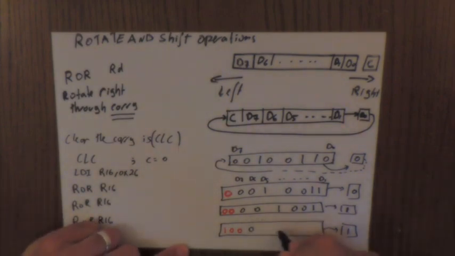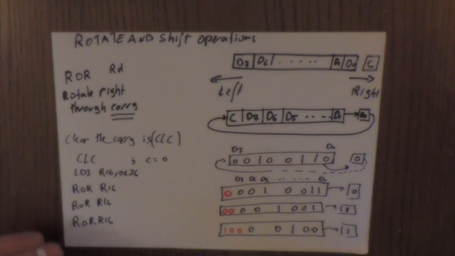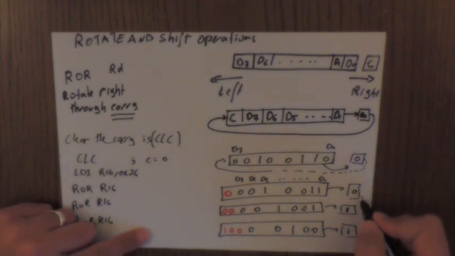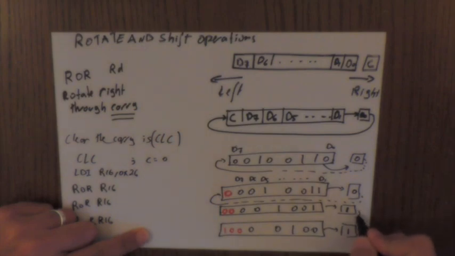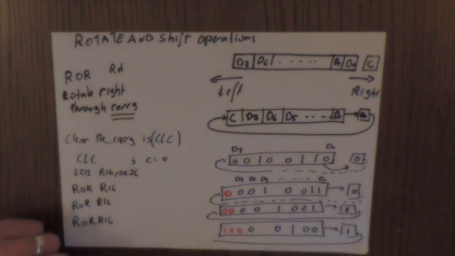This is D7 now, and we have this is another 0, 1, 0, 0. Remember, these bits are all going here. This is what happens when we rotate. So this is the rotate right instruction.